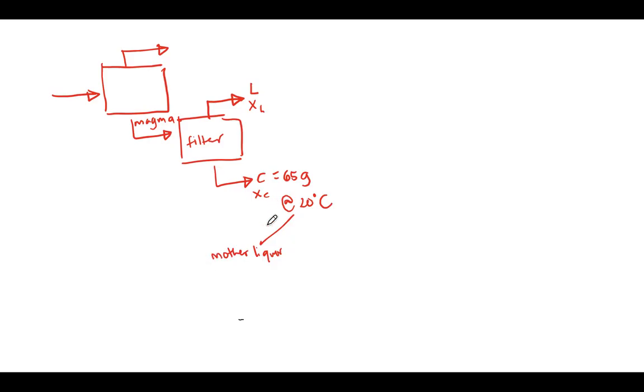So, 5.8%, so 0.058 times 65. This is equal to 3.77 grams of mother liquor. Now, this is your L, 3.77.